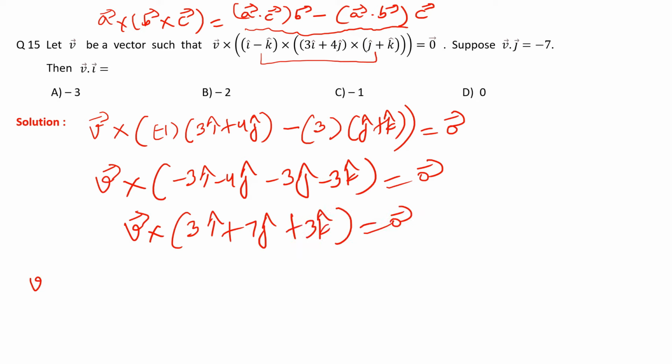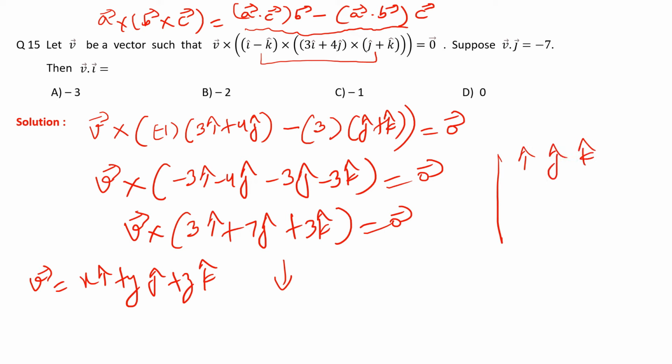Now I'm just assuming that V is equal to xi plus yj plus zk, right? So that means this particular product now becomes how much? We can calculate cross product by this determinant.